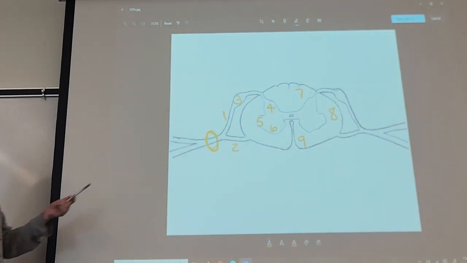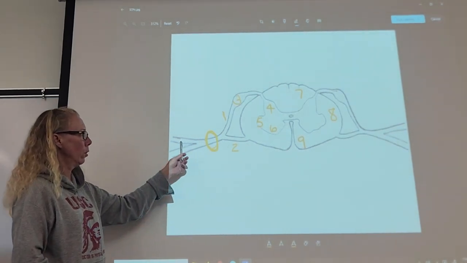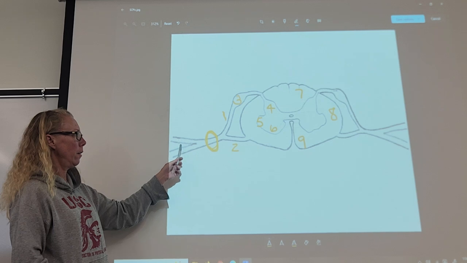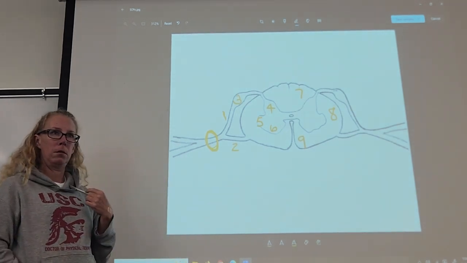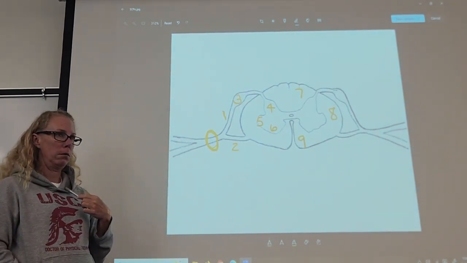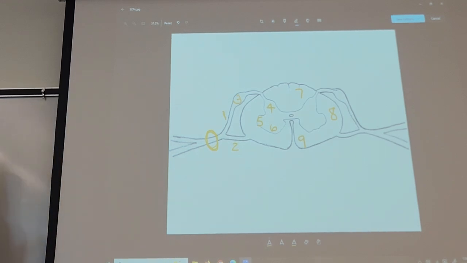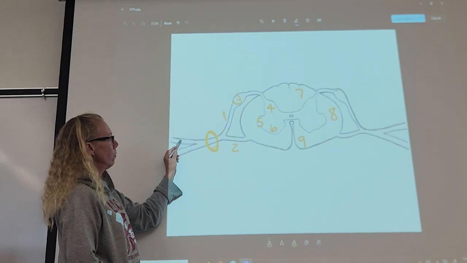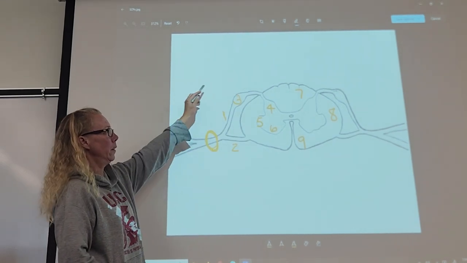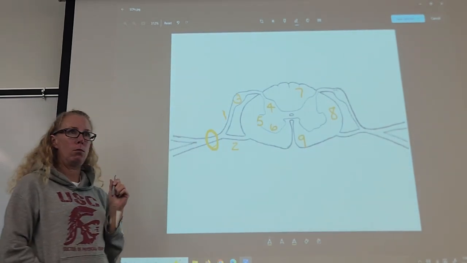Okay, so we also talked about lateral to the spinal nerve. We have a dorsal and a ventral what? Not root. Ramus, right? Rami is plural, okay? And we said that the dorsal ramus goes dorsal in the body and serves what?